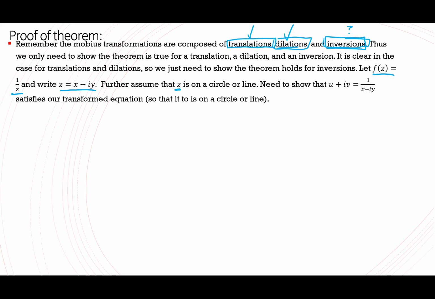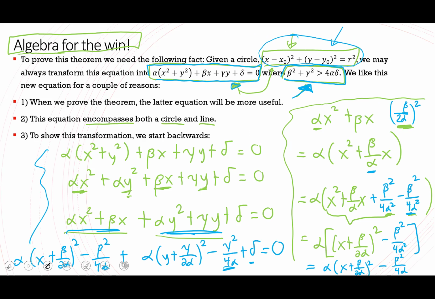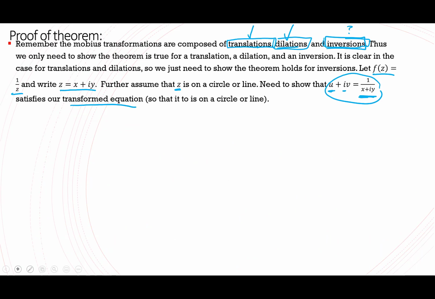So basically, if I plug our z into our Mobius transformation, we get 1 over x plus iy, which we can write as u plus iv. We need to show that it satisfies our transformed equation, that crazy looking thing we have here, because then we know this is true for inversions as well.